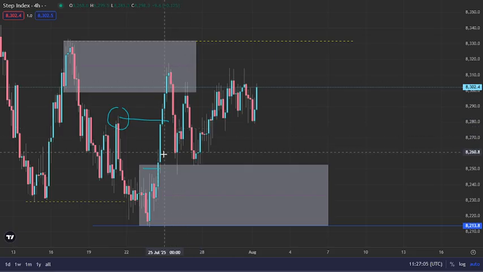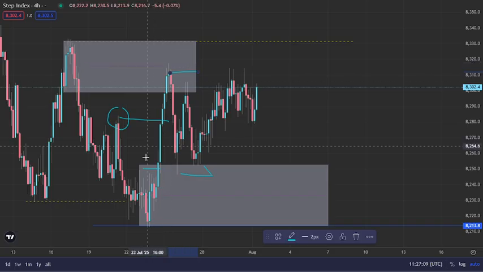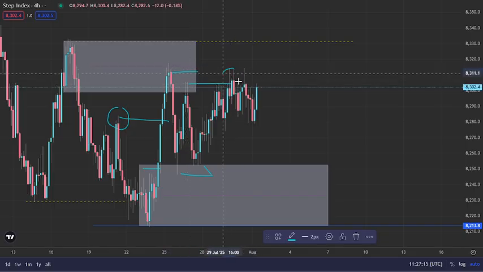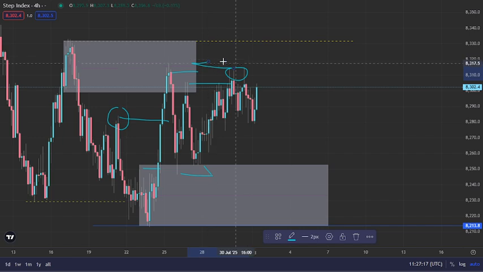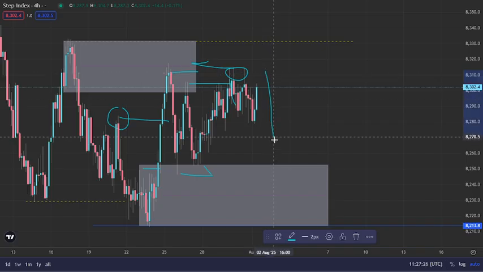So when we get this internal structure, here is the high, here is the low, here is the internal high. When we get the break of this structure, after a break of structure we expect a pullback. We expect this pullback to around EQ, equilibrium.